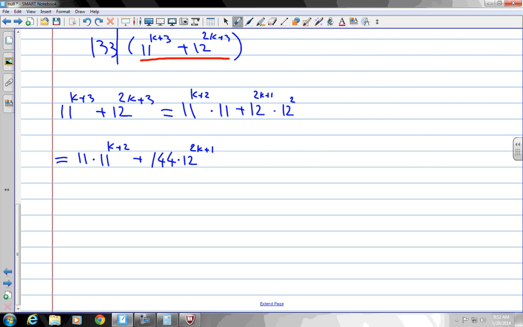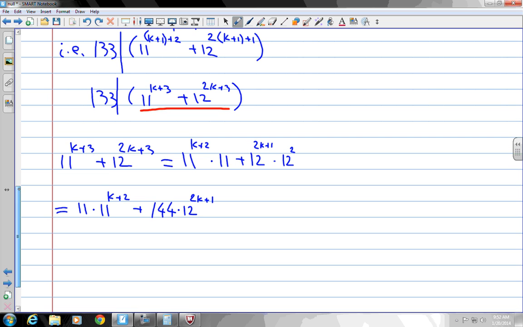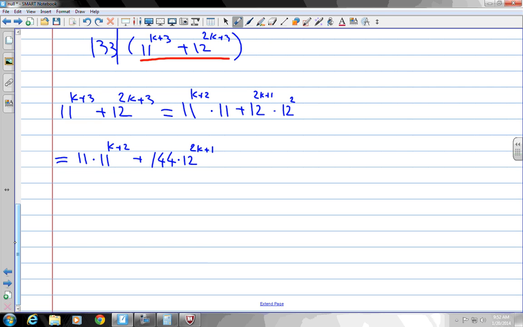Because look, if I try to express 144 as a sum of two numbers, one of which is 133, what do I get? 144 is 133 plus 11, right? So I want 133 because that's my division thing. And 11 is going to play nicely as well, because look what happens.